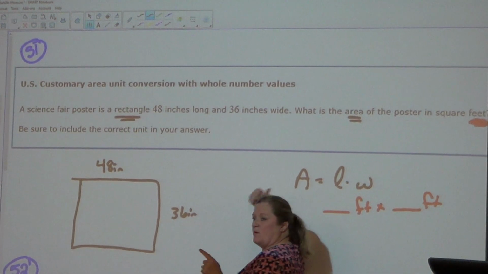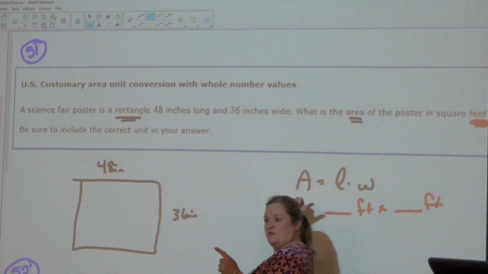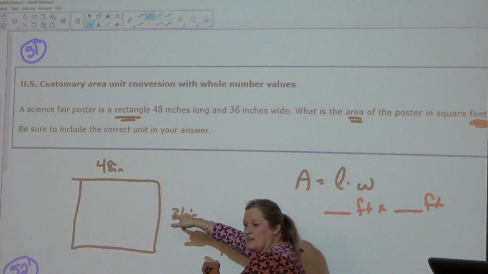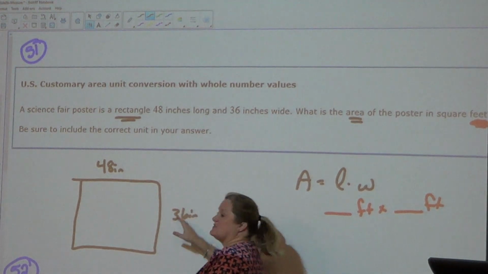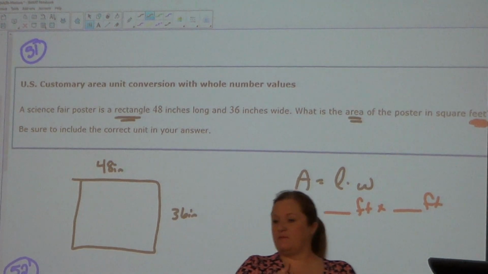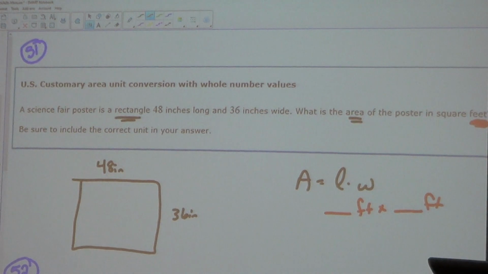So this is what we did in the beginning of the module, combined with what we're doing at the end of the module. What I've got to do is turn the inches into feet before I can find the area. So I need to turn that into feet, and I need to turn this into feet.